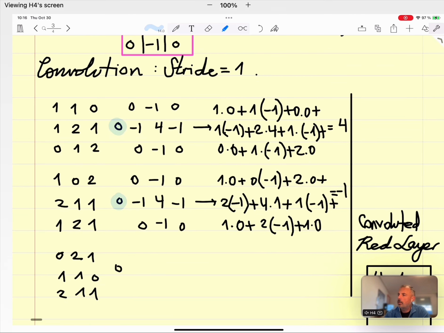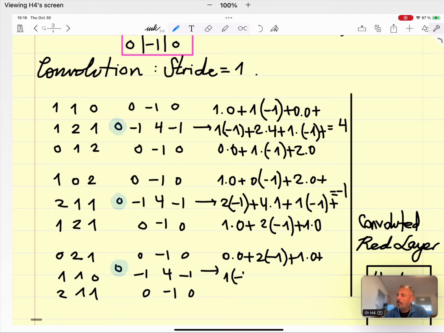Convolved with the filter 0, -1, 0, -1, 4, -1, 0, -1, 0. This delivers 0 times 0 plus 2 times -1 plus 1 times 0 plus 1 times -1 plus 4 times 1 plus 0 times -1 plus 2 times 0 plus 1 times -1 plus 1 times 0.